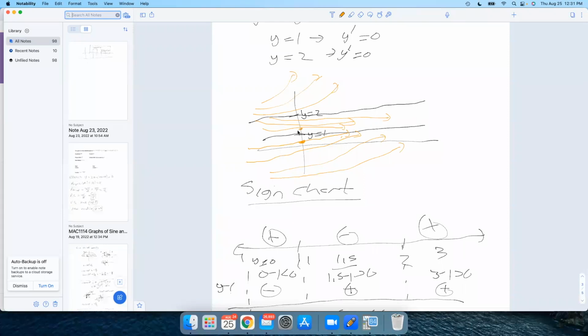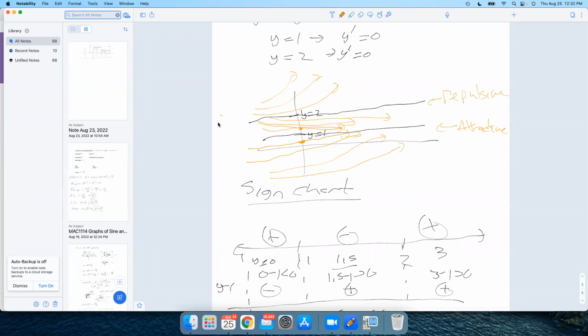Similarly, if I had a solution that passed through this point, it must be getting closer to y equals 1, because these were all decreasing. So we call this guy attractive. And this one is repulsive, because any solution near y equals 2 shoots off away from it.